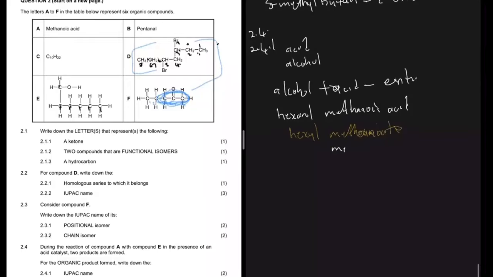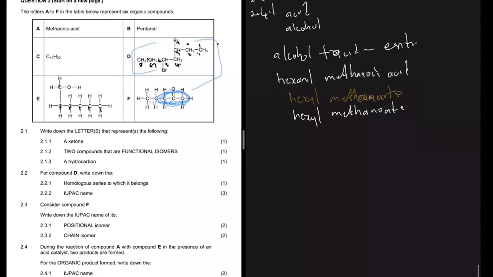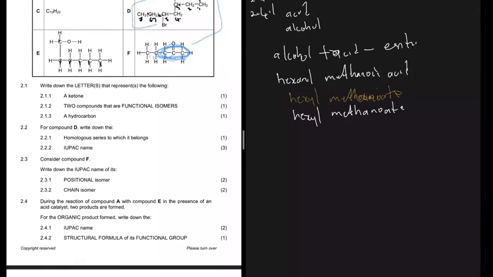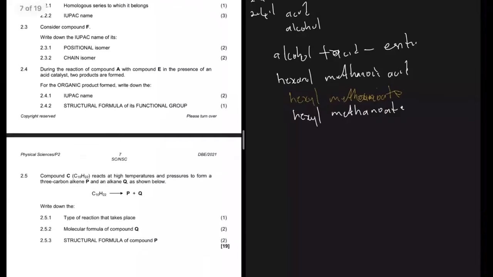The spelling is just confusing me there for a second, but okay. Methanoate. Yeah, so that's it. That's the name of the ester. So if you add butanol, you're going to have butyl methanoate, and then for a different acid, you know what to do.